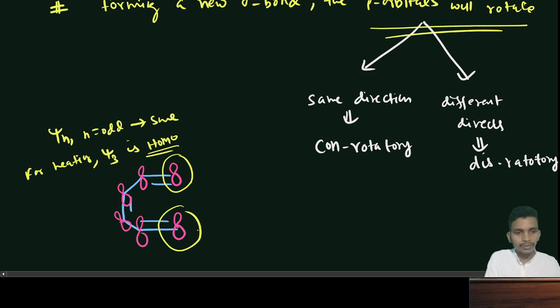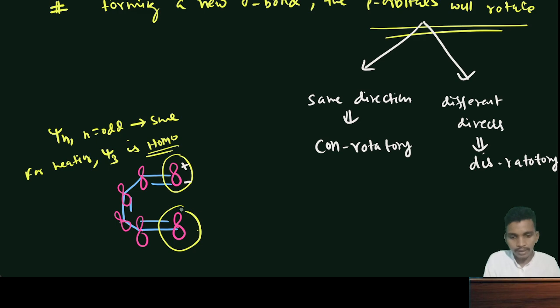Since this is odd, the terminal lobes have the same sign. If this one is negative, then this one is also negative, and this is positive, because they have the same lobes.